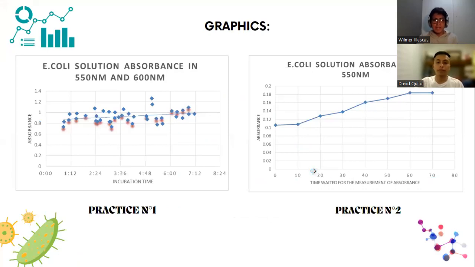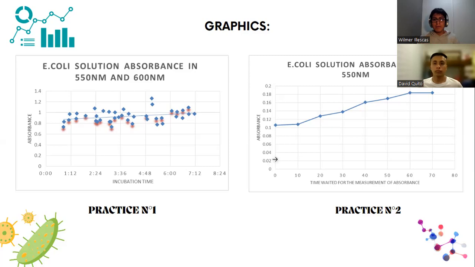Well, continuing with the analysis, we saw that we made two graphs to compare the growth of these microorganisms. You know that for any microorganism, specifically bacteria, what we hope to have is exponential growth.